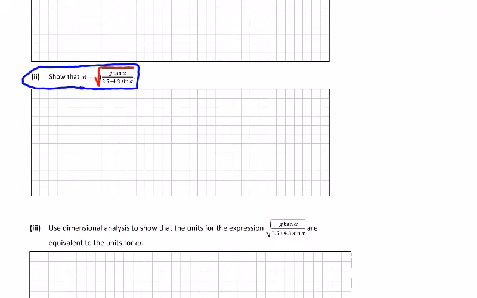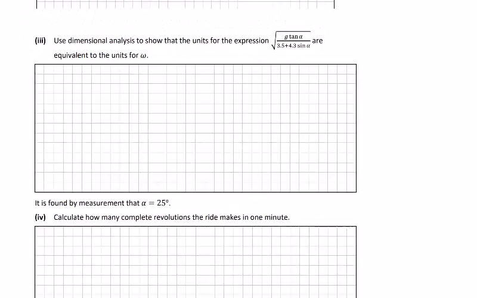Okay, dimensional analysis for this expression. When we have g on top, g is ms to the minus 2. On the bottom, we just have a constant and a constant, so that's just distance, so that's m. And angular velocity is radians per second, so that's 1 over s.